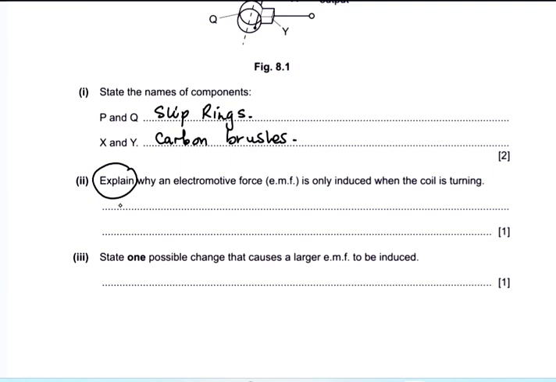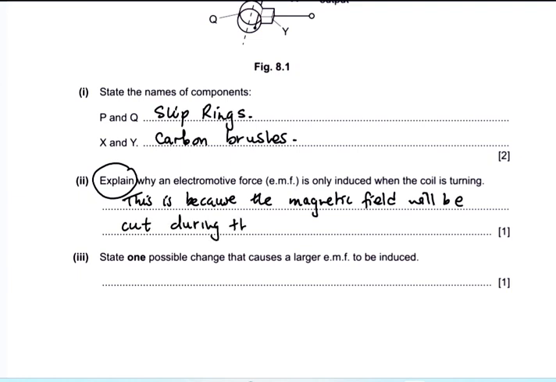This is because the magnetic field will be cut during the turning. Otherwise, if there is no turning, there is no cutting of the magnetic field.